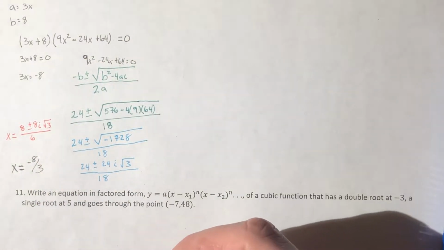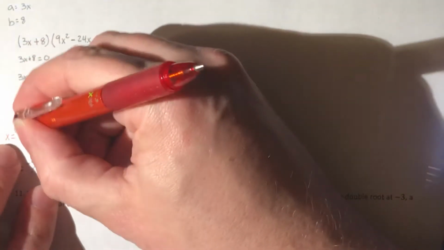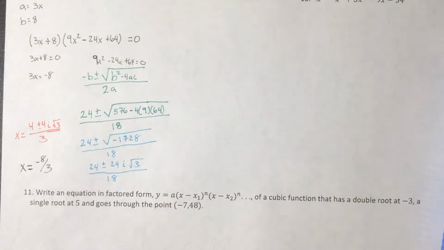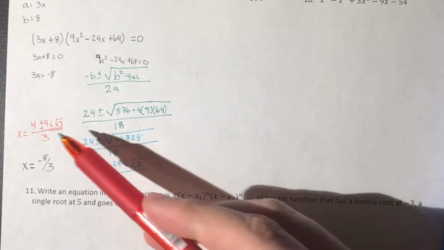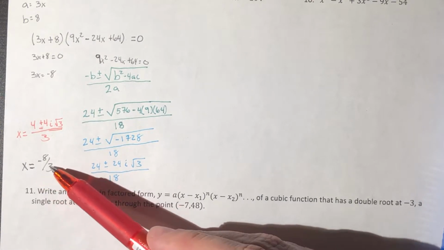Well, I guess that can simplify further, because all those were divisible not by just 3, but by 6. So it's going to be 4 plus or minus 4i square root of 3 over 3. And that gives me all of my roots. 2 imaginary, 1 for the plus, 1 for the minus, and 1 real one right there.